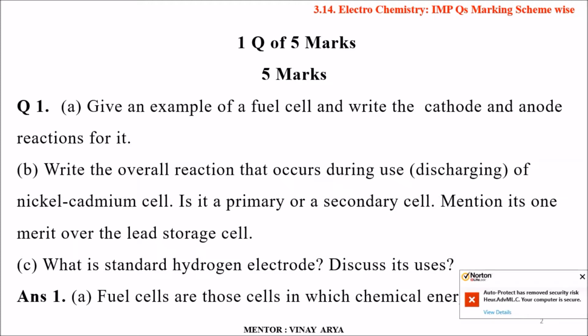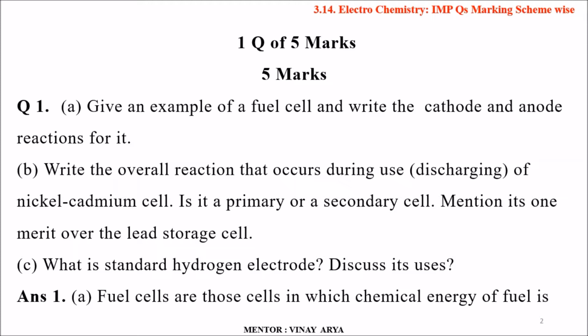So let's begin with the first question which we are dealing with: give an example of a fuel cell and write the cathode and anode reactions for it. This is the first part, and the second part is: write the overall reaction that occurs during the use, that is discharging, of the nickel cadmium cell. Is it a primary or a secondary cell?